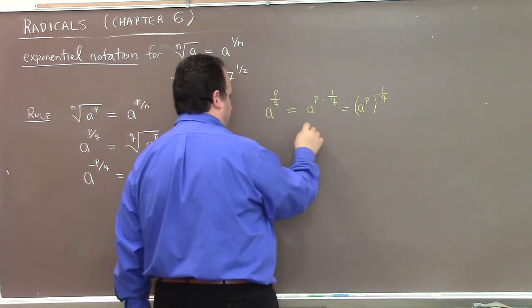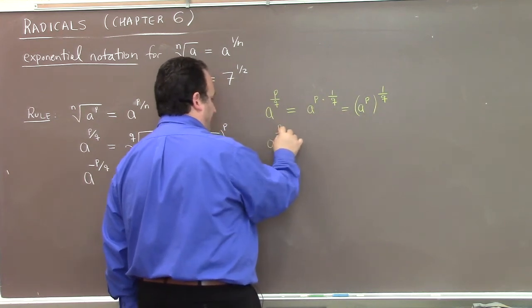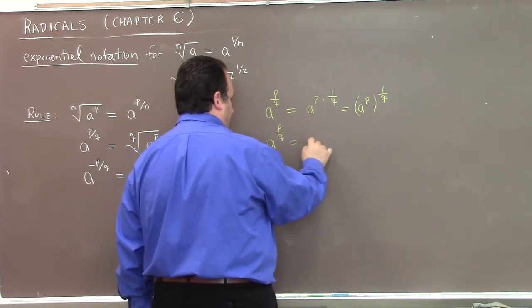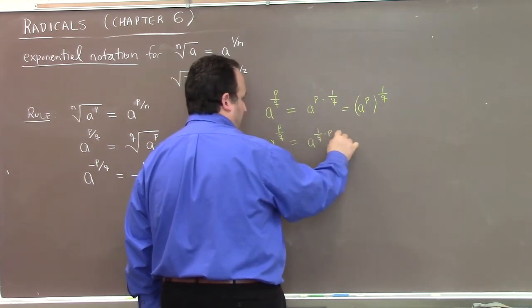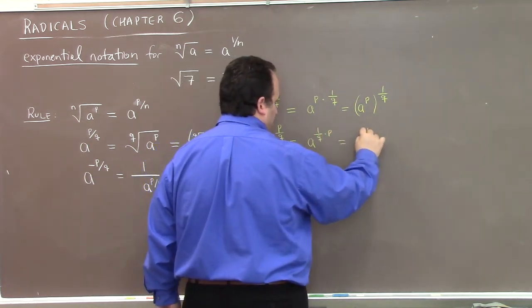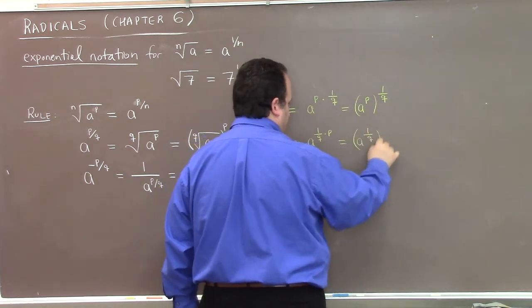Or I can look at it as a to the 1 over q times p, and I can look at that as a to the 1 over q raised to the p power.